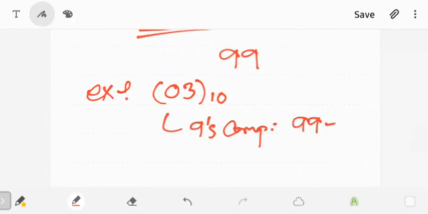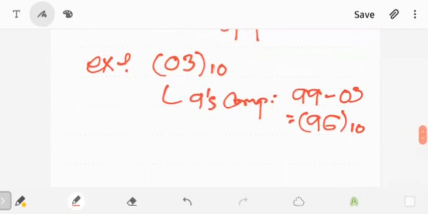It is 99 minus 3. What will be the answer? 96. Sorry, 96. Okay. This is called the 9s complement.